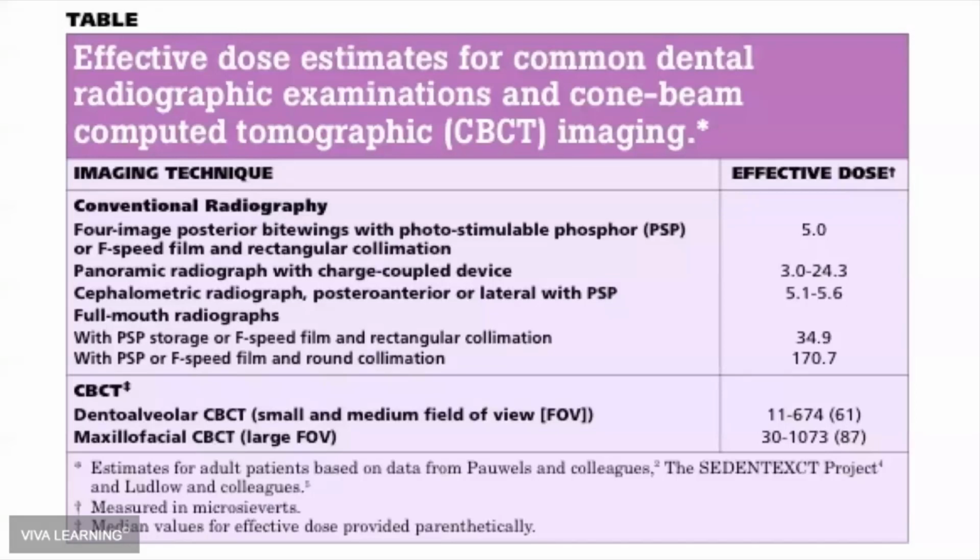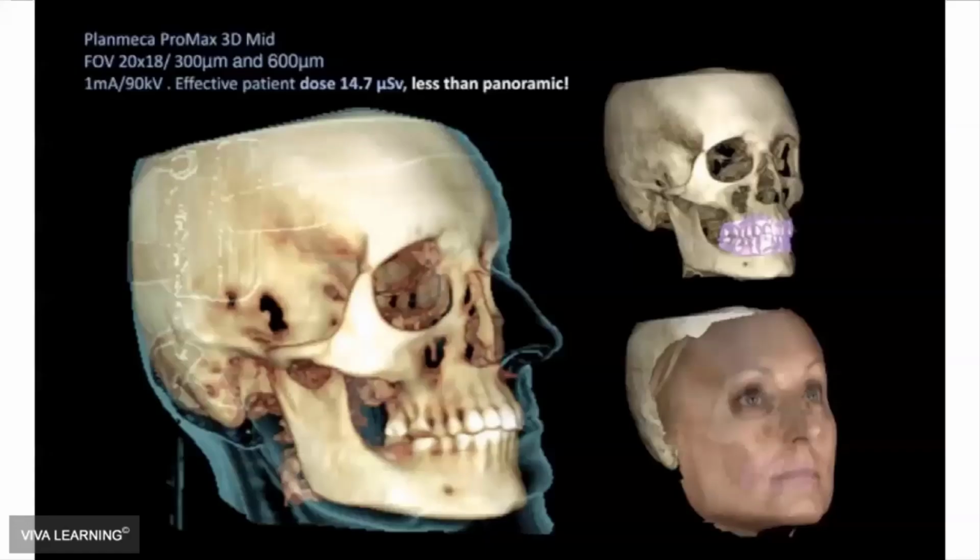You really need to understand what your machine has, what your machine is using, how new it is, and again, trying to keep the amount of radiation to the lowest possible amount, and that's just part of the ALARA principle. We don't want to over-radiate patients, but we don't want to keep coming back and taking images.